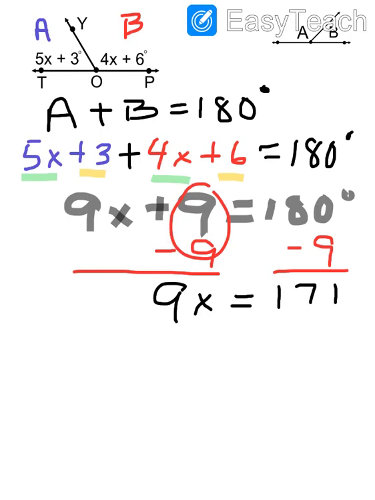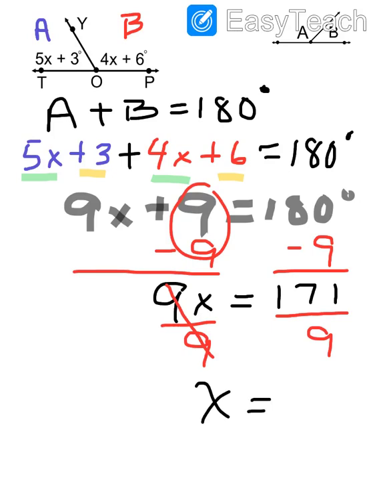Now you have to divide, being the inverse operation of times. This is 9 times x, so you're dividing by 9 on both sides to keep it equal. 9 divided by 9 is 1, and 1 times x is x.